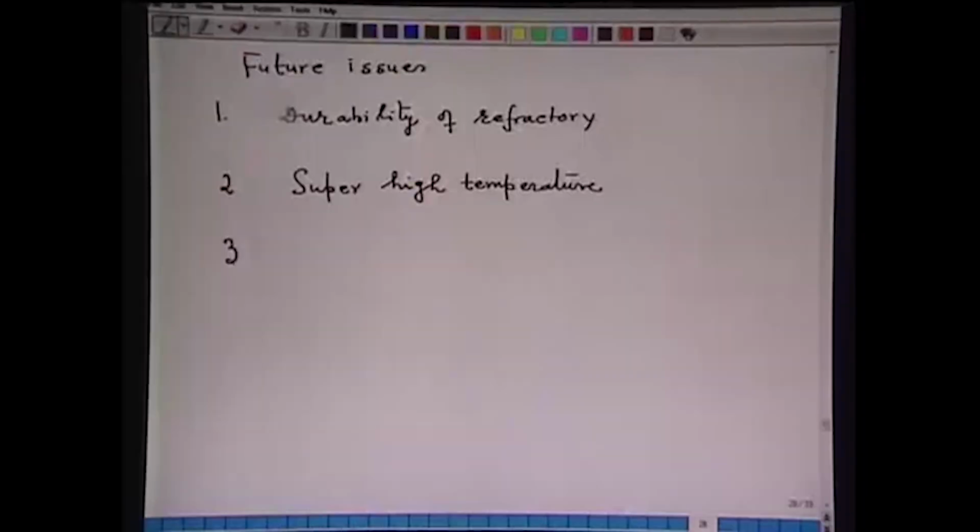Third is that we have to develop the processing technology, and here super fine powder processing technology is also required to be developed.